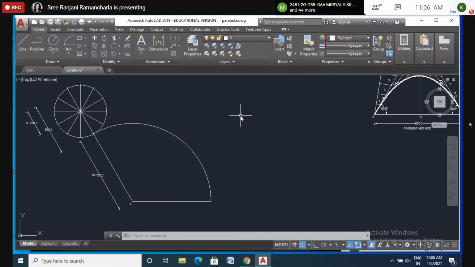Please write down, alpha equals small r by capital R into 360. Small r is 2.5 divided by 7.5 into 360. So we'll be getting 120, right? We'll be getting 120.